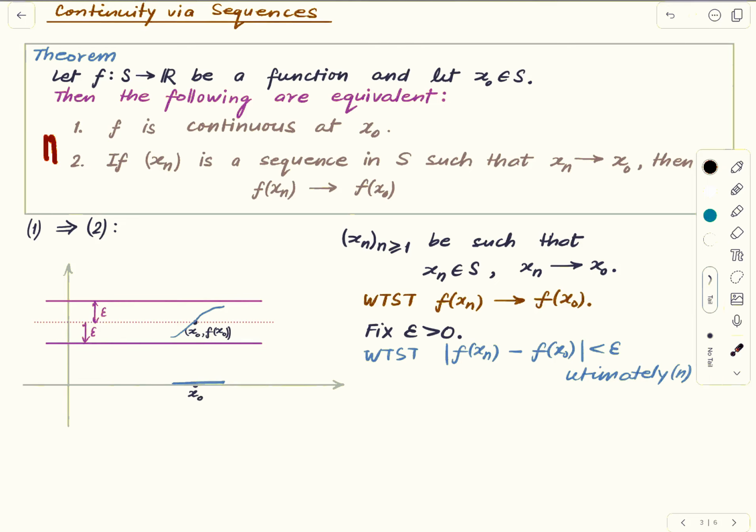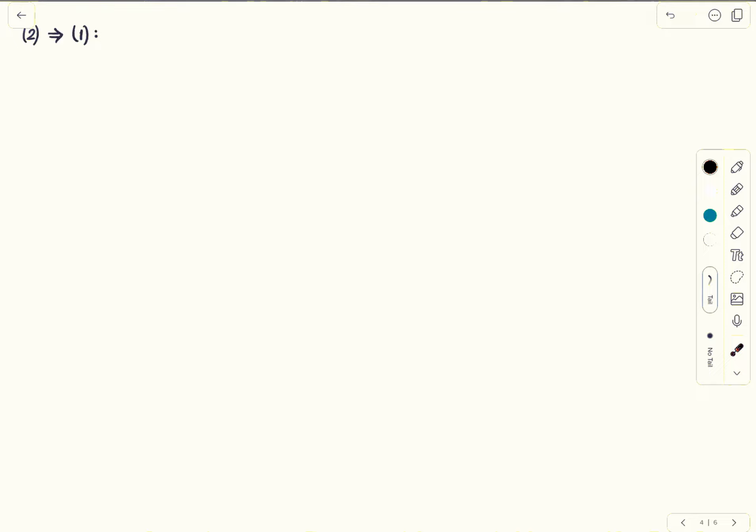Now we will talk about the reverse direction. This is also just a matter of unraveling definitions. So let's take another page. This time we want to prove continuity of the function at x0, and we will go via contradiction. So suppose not, that is, f is not continuous at x0.